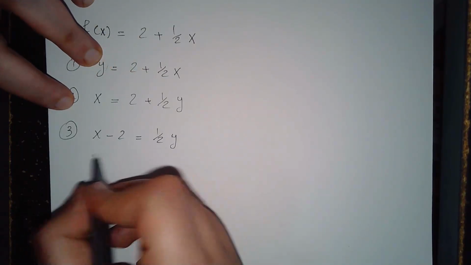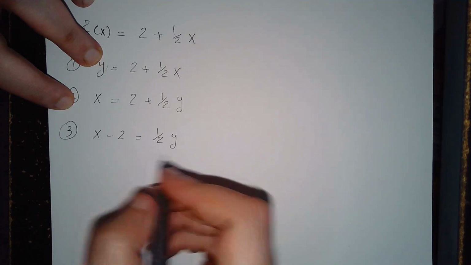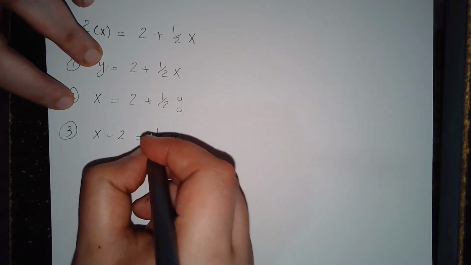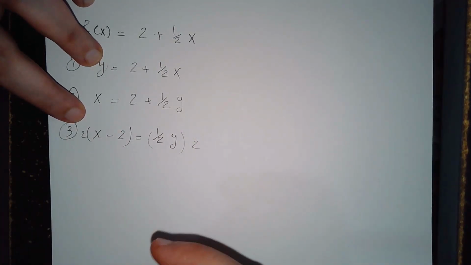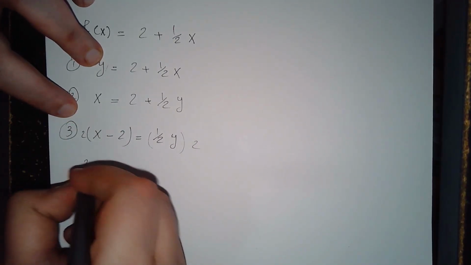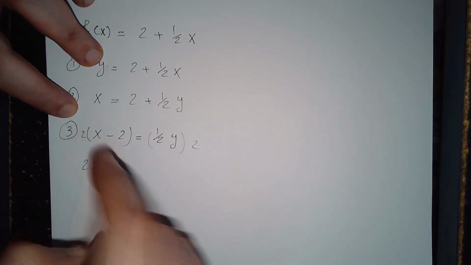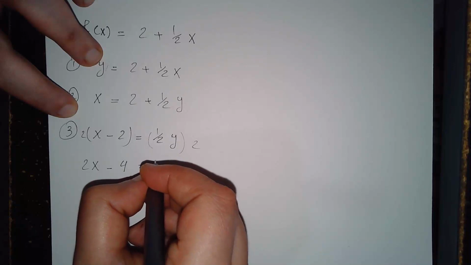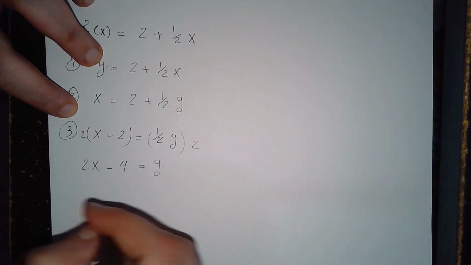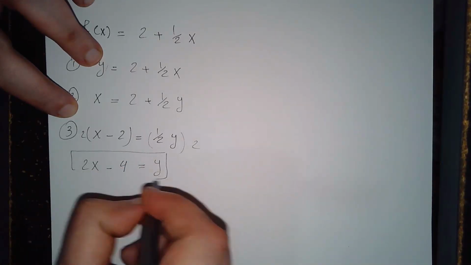You need to multiply both sides by 2. So multiplying here by 2, and multiplying here by 2. And remember, you multiply everything. So 2x minus 4 equals y. There, we solved for y.